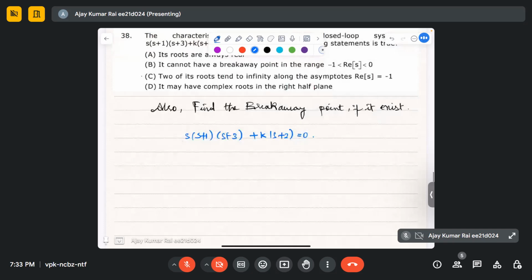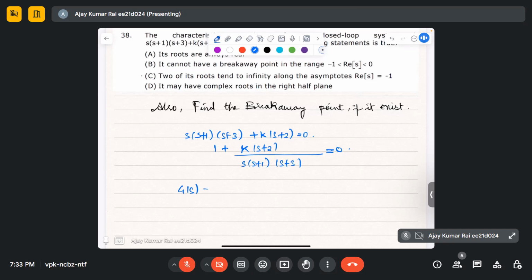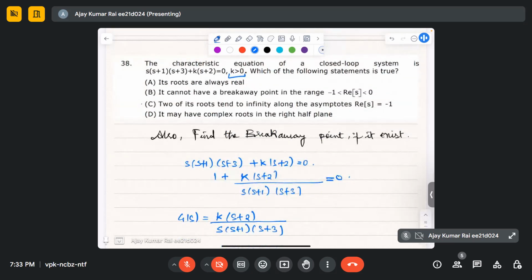Okay, so you can write the open loop transfer function in this form, 1 plus G(s)H(s) is equal to 0, and G(s) is the open loop transfer function, to be this, where K is greater than 0.